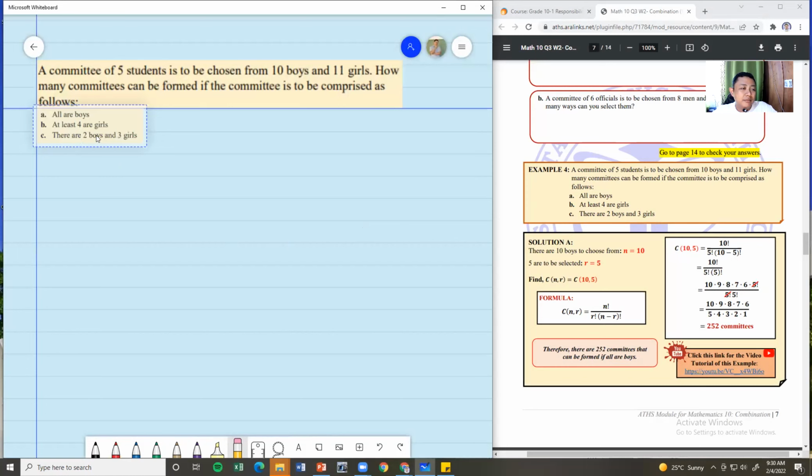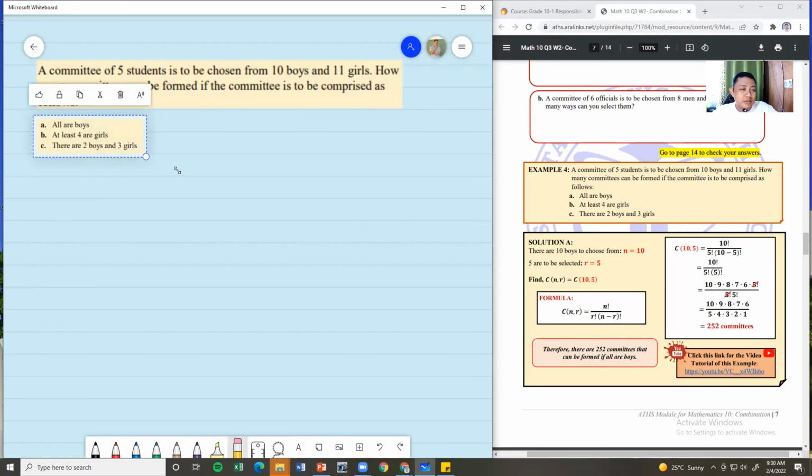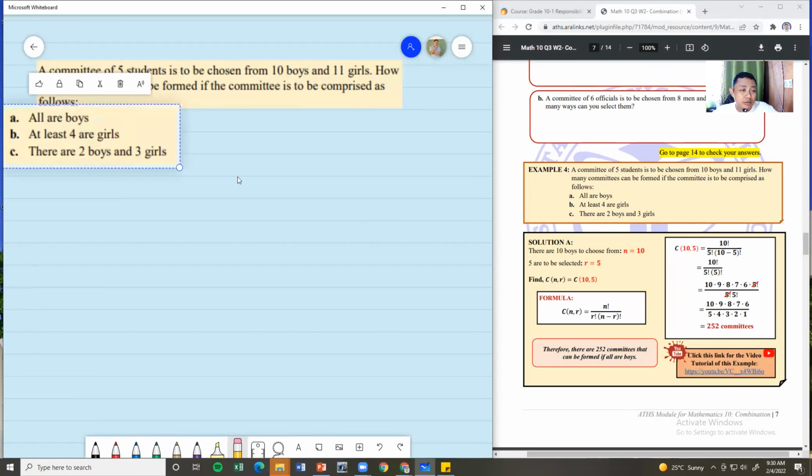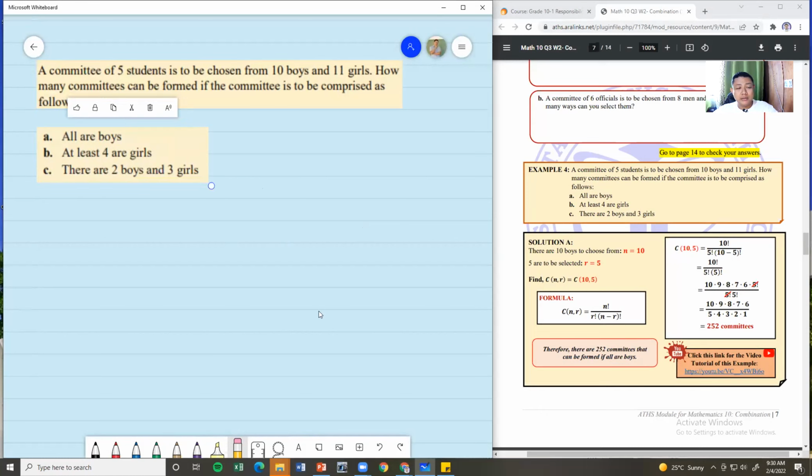First, all are boys. This is different now. It's not like the previous example, where you just choose with no other conditions. But in this problem, there are conditions that are set, and we need to be careful.